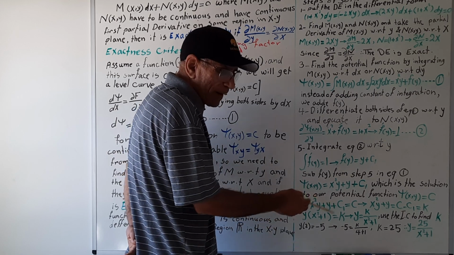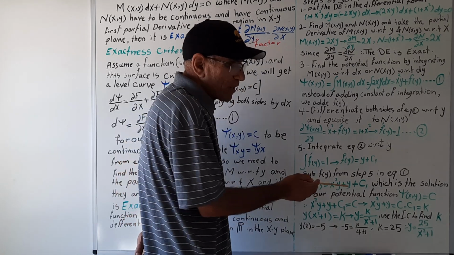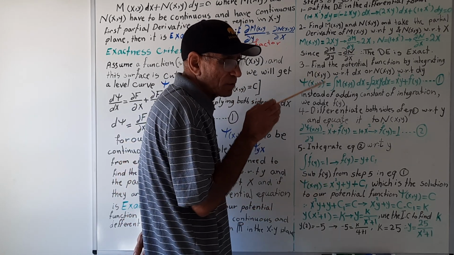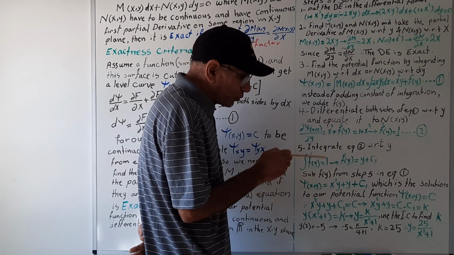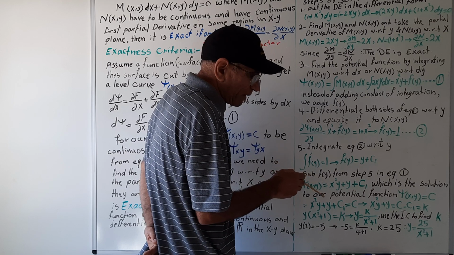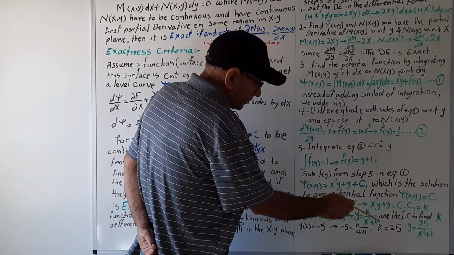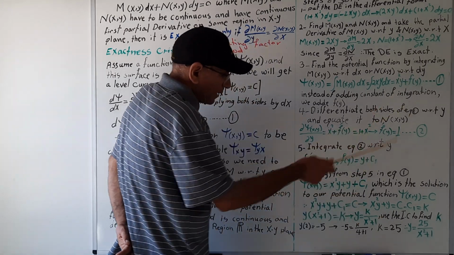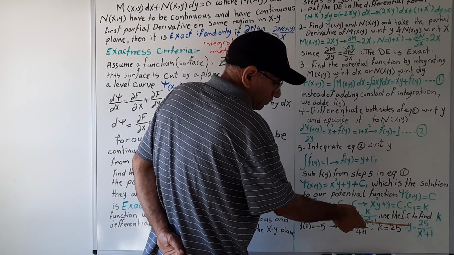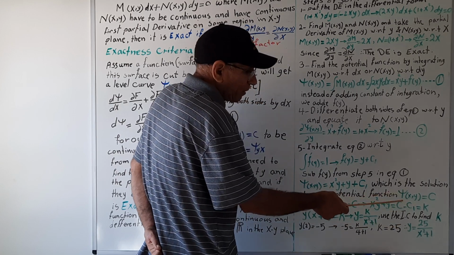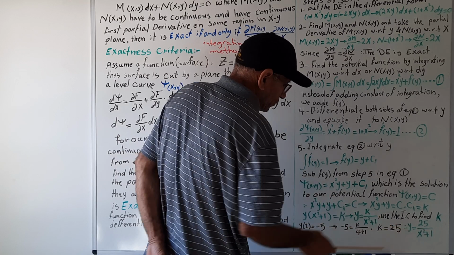And we try to find the implicit solution for y, and then we find k from our initial condition, which says at x equals 2, y equals minus 5. So we just plug these two values and we find k equals 25, and this is the final formula for y, the solution to the original problem, 25 over x squared plus 1.